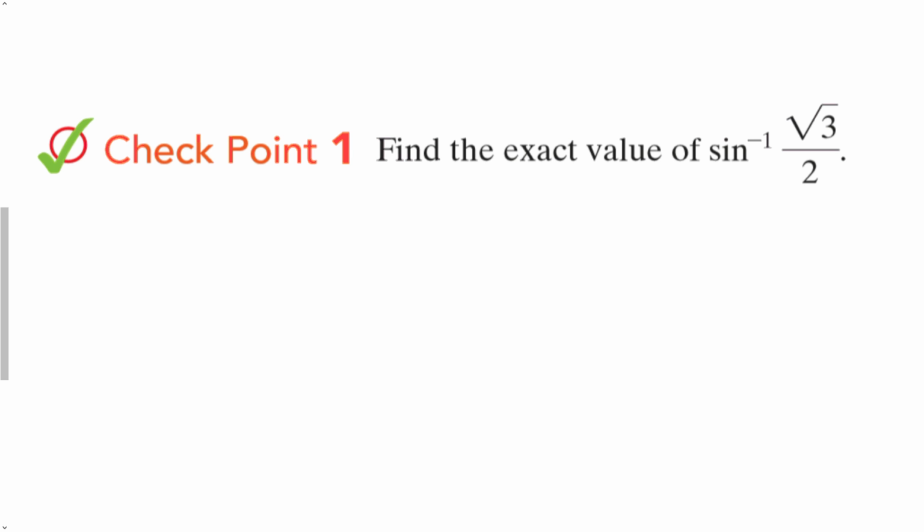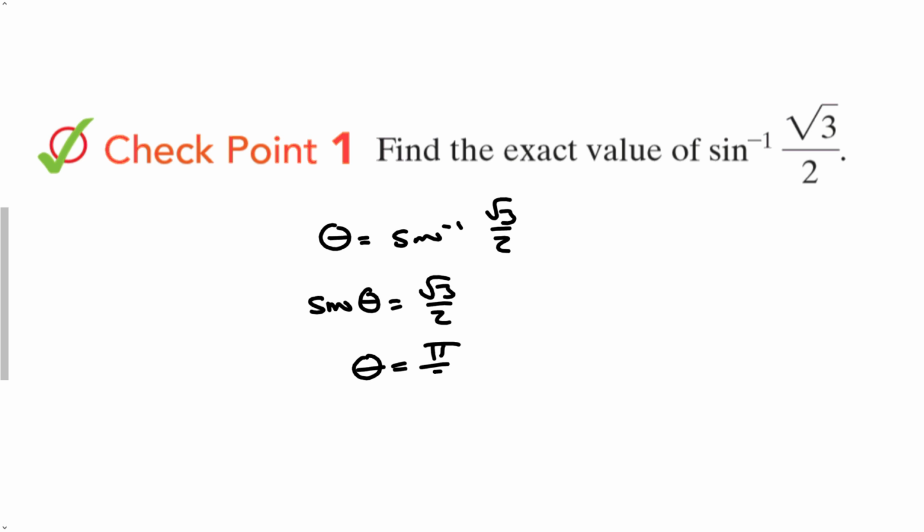For the inverse sine of radical 3 over 2, you can go through the whole process of writing this out. We'll do that for now. That's theta equals the inverse sine of radical 3 over 2, which means that the sine of some angle is radical 3 over 2, and that angle is equal to pi over 3.